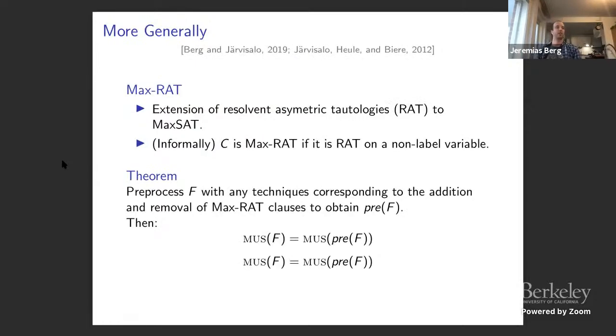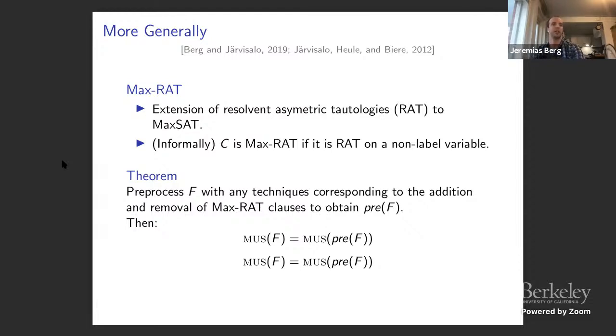And we also showed that if you use any kind of preprocessing technique which can be seen as the addition and removal of these RAT clauses, then you won't affect the set of MUSs. And this is a fairly general result because most of the techniques that Benjamin mentioned, and I'm not sure about hyperbinary resolution, but the other ones, can be seen as addition and removal of these RAT clauses.